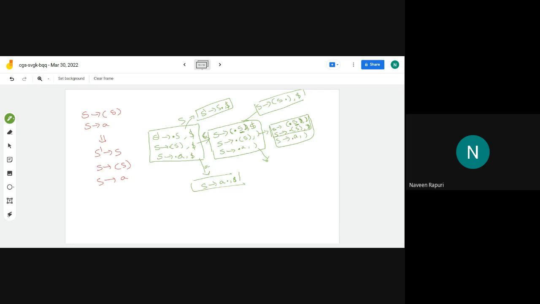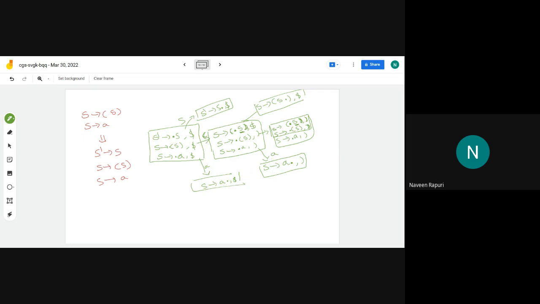So by expanding it, S derives A dot comma close parenthesis. A dot comma close parenthesis on A. Suppose if you see here, S derives A dot on dollar, S derives A dot close parenthesis. Both are same.